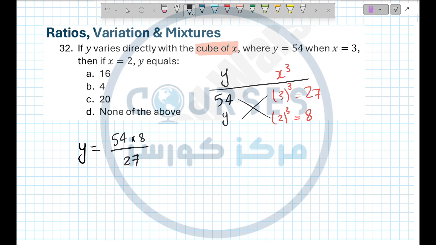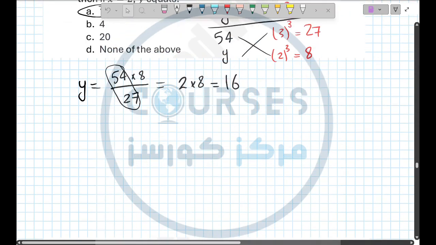If you're good with your multiplication or division, you would know that these are 2. If I don't know that, just divide by 9 up and down. So this will be 2 times 8, which is equal to 16. The trick here was the cube of x. Whatever value of x you have, you need to cube it.